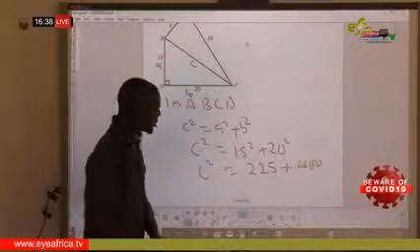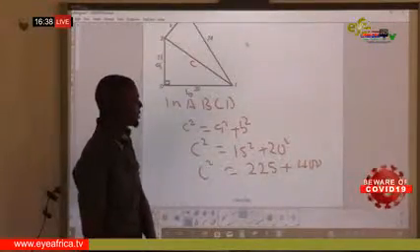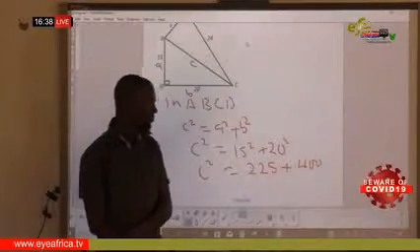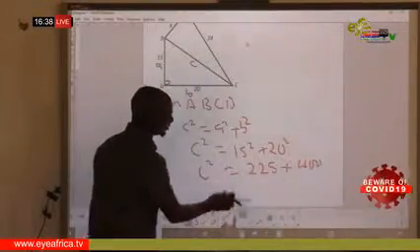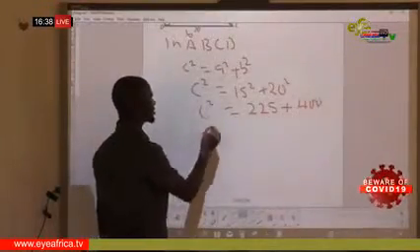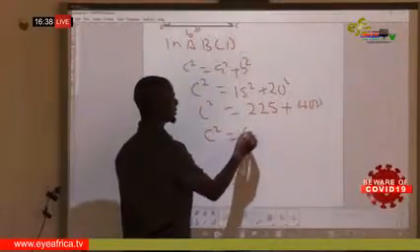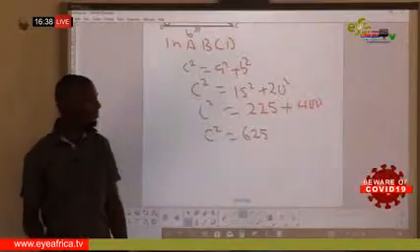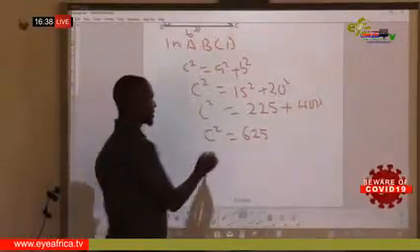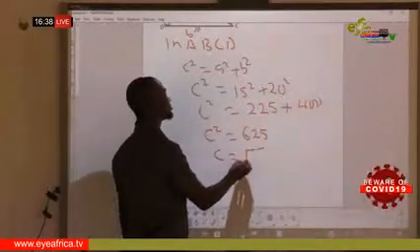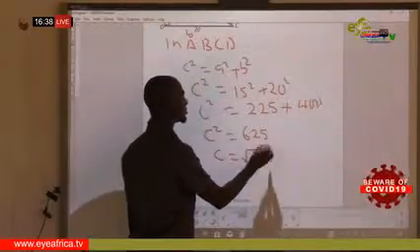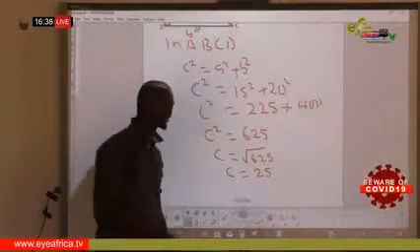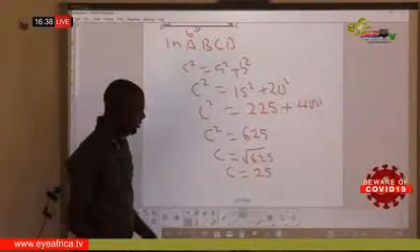Adding the values, that is 225 plus 400, it will give us C square is equals to 625. By finding C, we find the square root of 625, and the square root of 625 is 25. So C is equals to 25.